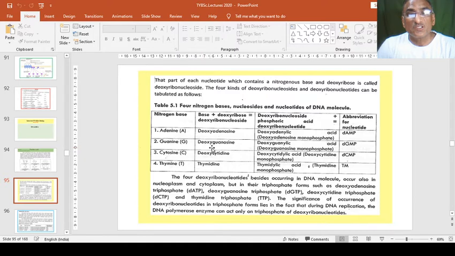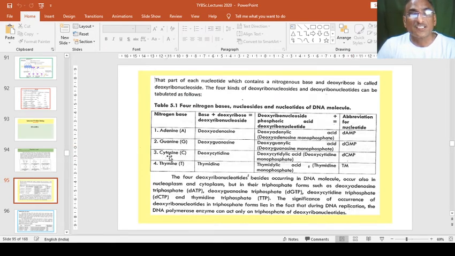The base and deoxyribose are joined to form deoxyguanosine. And if we add phosphate to deoxyguanosine, then deoxyguanylic acid will be formed, abbreviated as dGMP, deoxyguanosine monophosphate.